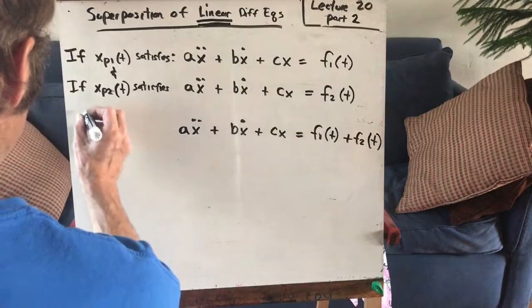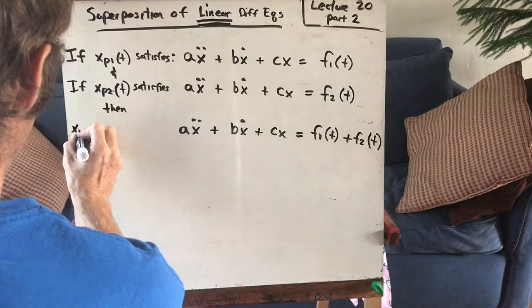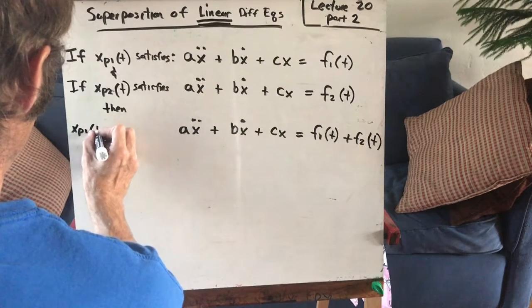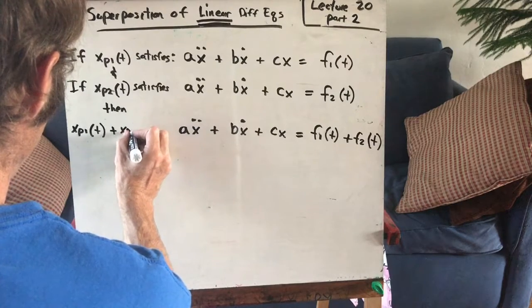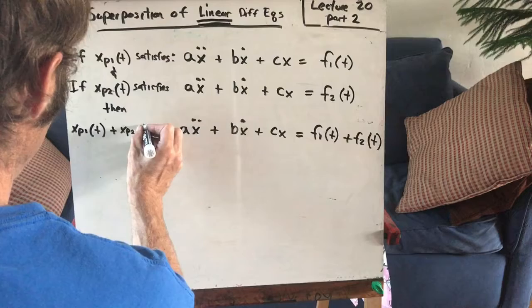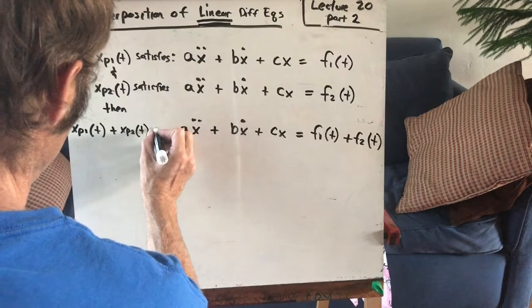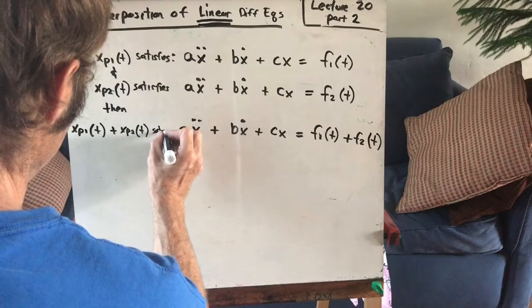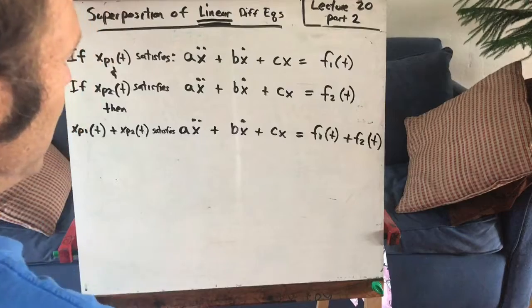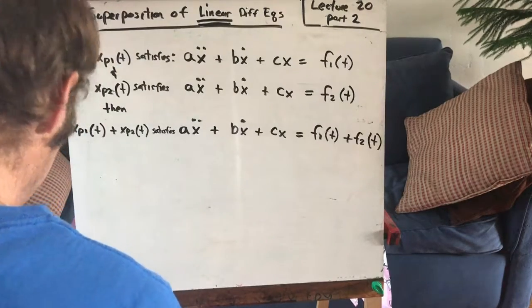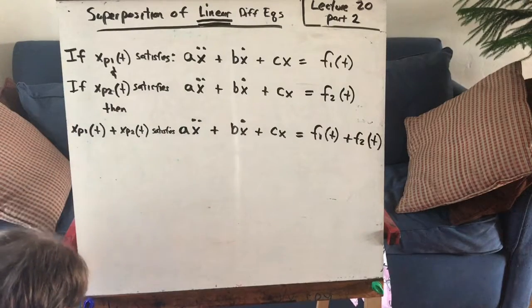Okay? So then xp1 plus xp2 satisfies this. And it's a real easy proof. If you want to see the proof, there's a handout that will be up on Moodle.